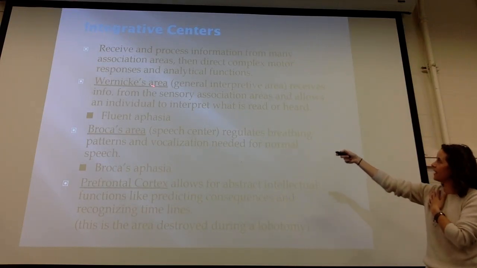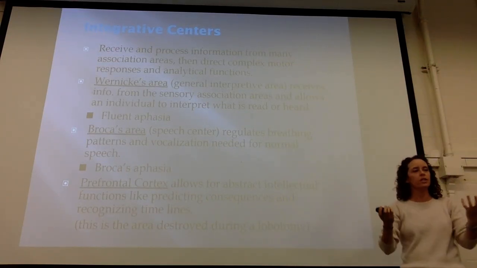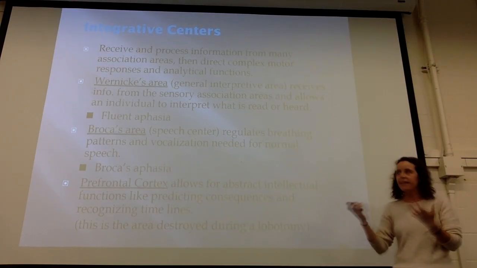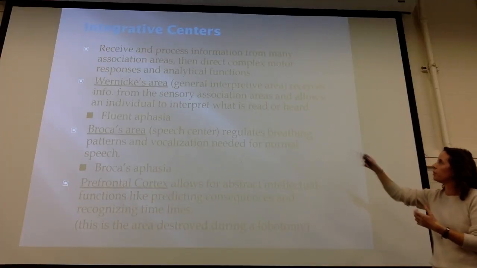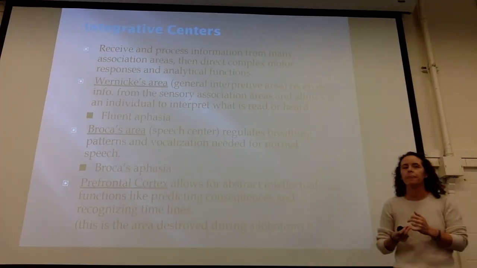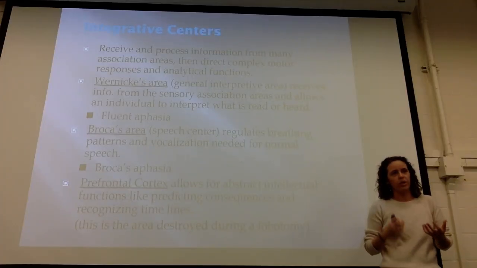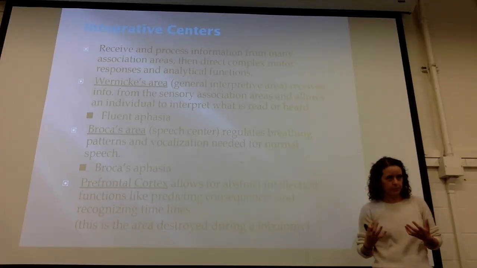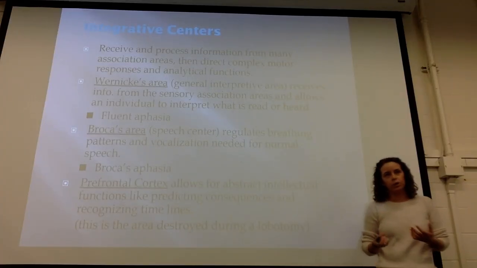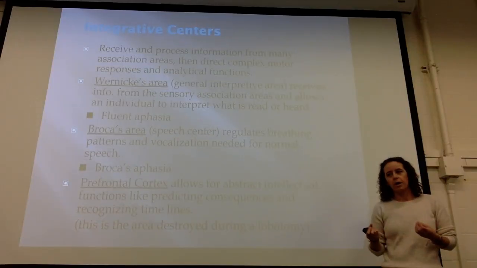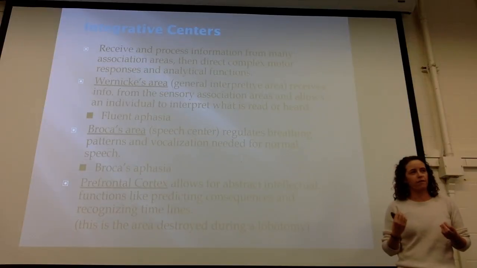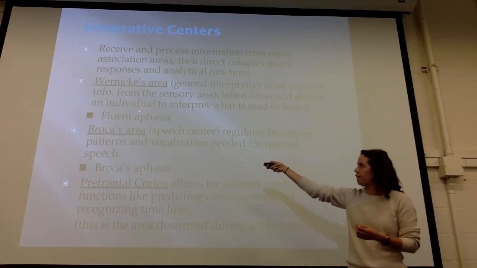So Wernicke's area, this is our general interpretive area. Wernicke's area allows us to interpret the sensory information that we are receiving and be able to make sense of what we are hearing or reading. Damage to Wernicke's area presents with a very interesting type of what's called aphasia.